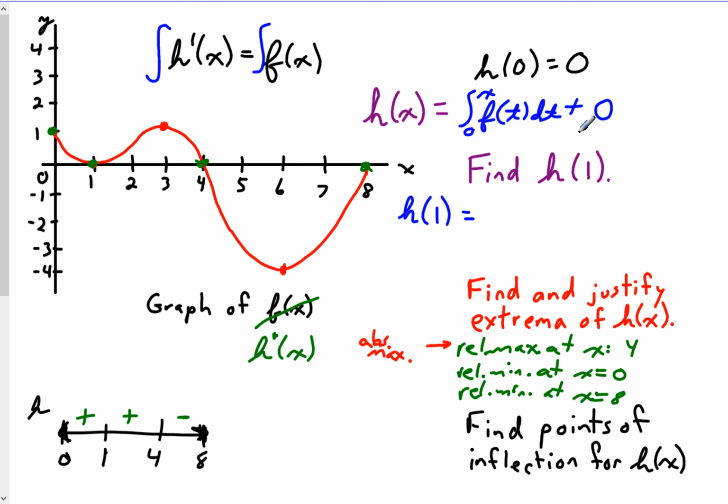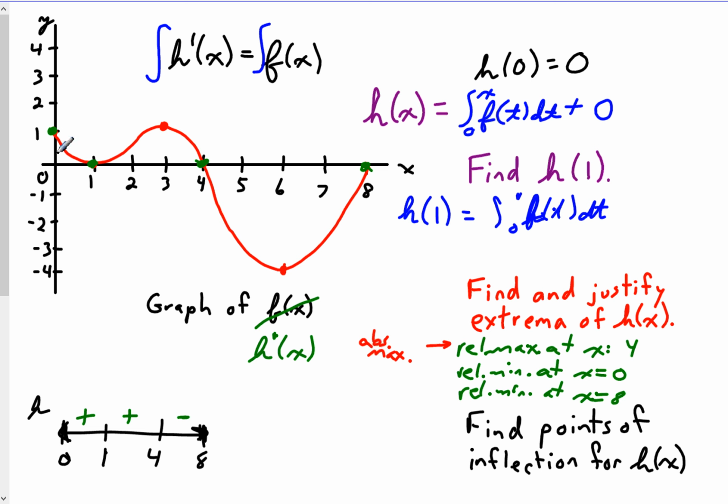So now that I actually have an expression here, before I get to h of 8, let's talk about h of 1. Well, h of 1 means I'm replacing x with 1, so I'm doing the integral from 0 to 1 of f of t dt plus 0. Well, I can't find h of 1 exactly because I don't have an equation for f in order to use antiderivatives there, but I do have the graph of f.